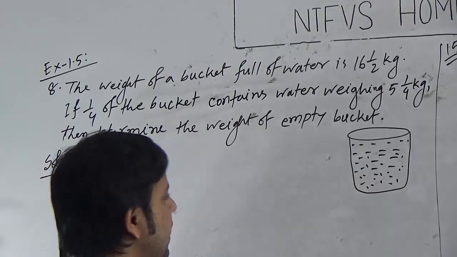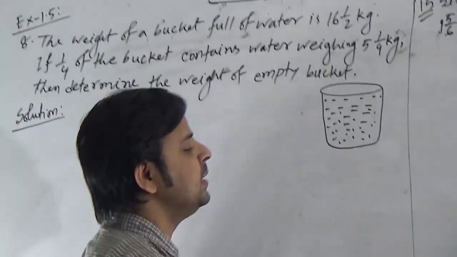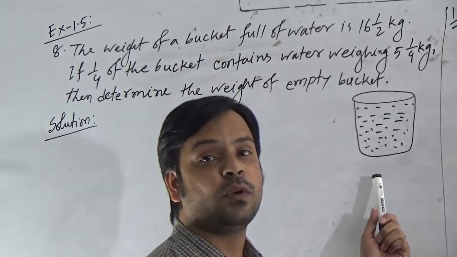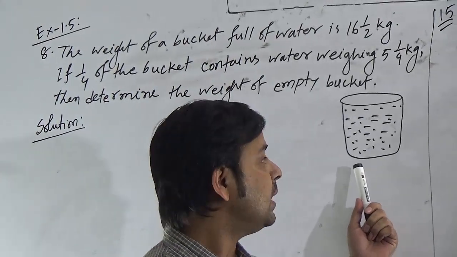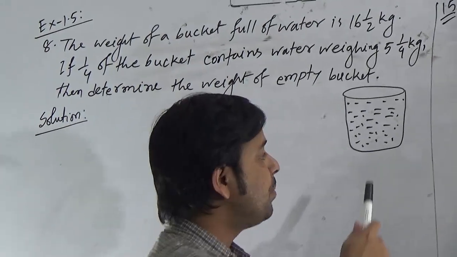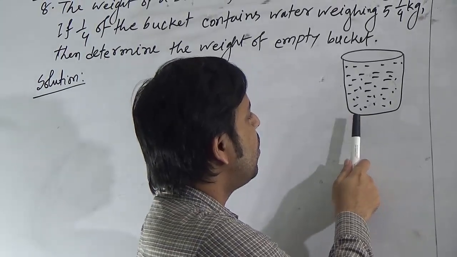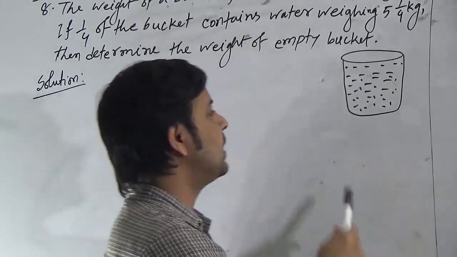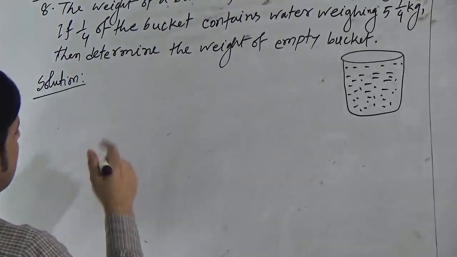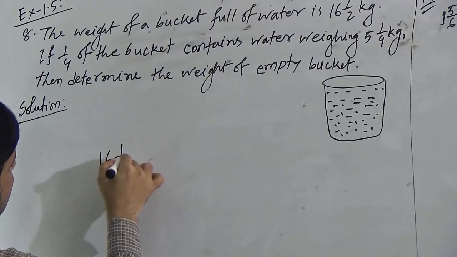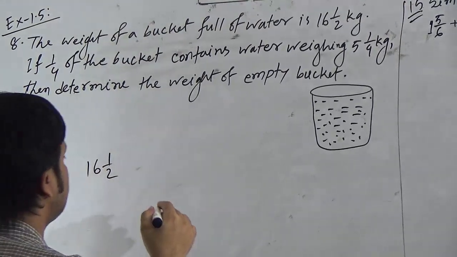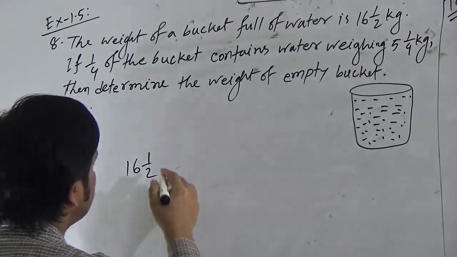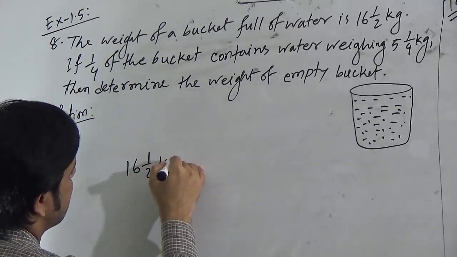Dear students, I have drawn a bucket here. If you want to measure the weight of the water of the bucket, you have to measure the weight of the bucket and water. It means here the weight of bucket and water total is 16 integer 1/2 kg.